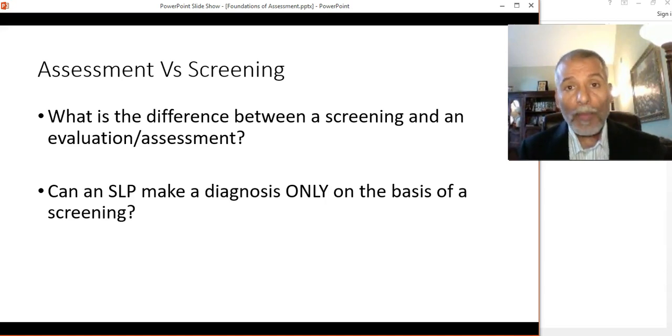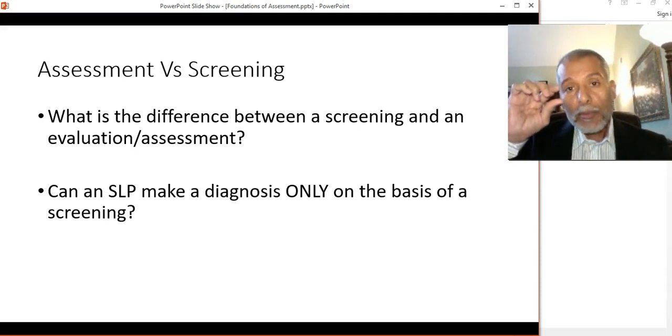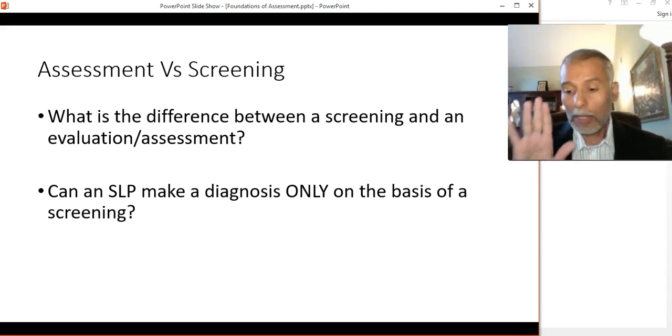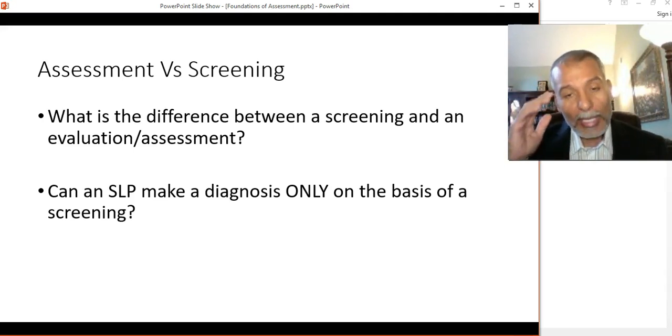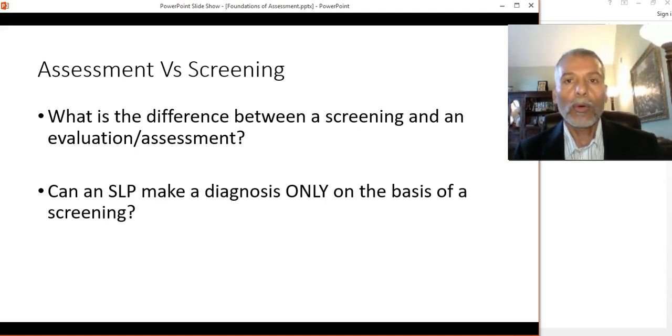However, in speech language pathology, a screening is an informal or a formal kind of assessment. However, it is brief. 5 minutes, maybe 10 minutes. You could do it by looking at the person, interacting for 5 or 10 minutes, and then making some kind of opinion, judgment based on what you have seen or what you have heard.